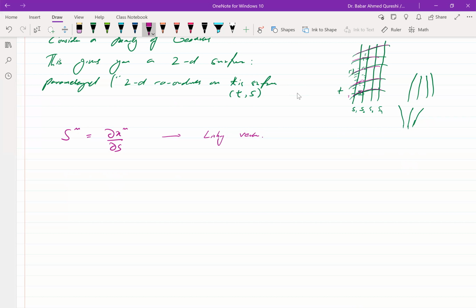Now I can compute, for example, I can define this kind of velocity. It's not a velocity, let me just put it in inverted commas. I have this linking vector. How does it change as I move along my geodesic? In other words, I'm going to use it to see if they remain parallel or not.